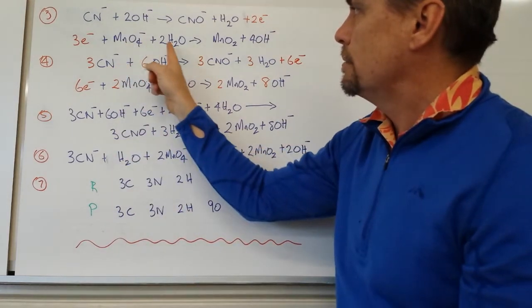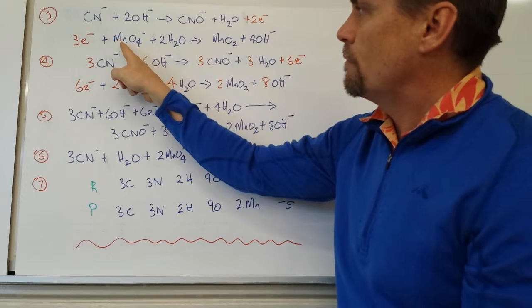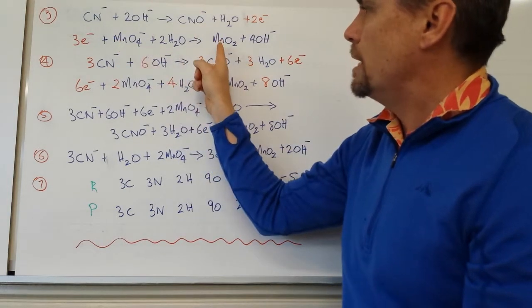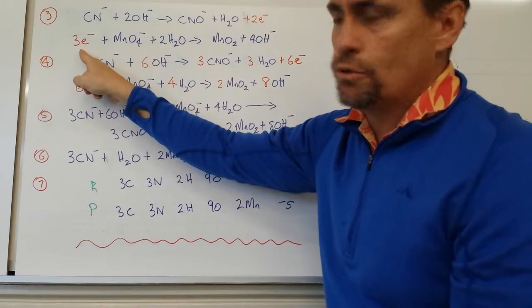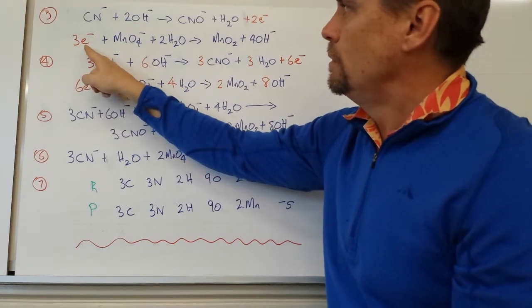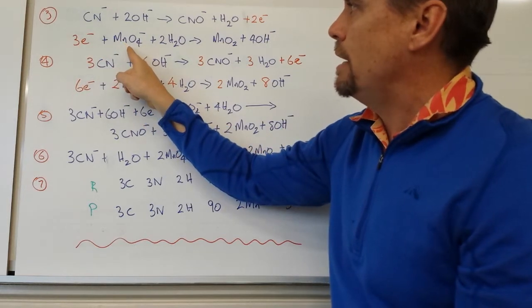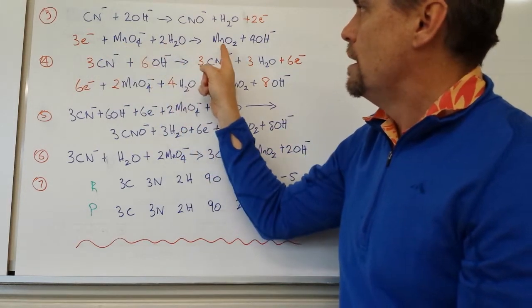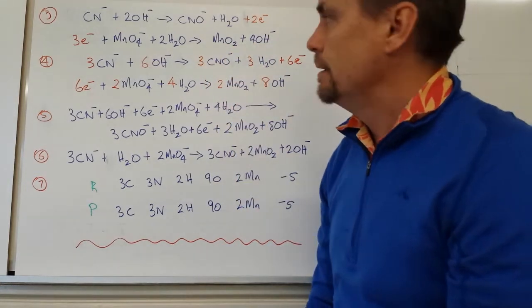Our manganese plus water gives manganese dioxide plus hydroxide. We've gone from a plus 7 state to a plus 4 state, so we've had to absorb 3 electrons. So our full reduction half reaction is 3 electrons plus the permanganate ion plus 2 lots of water gives us manganese dioxide plus 4 lots of hydroxide.